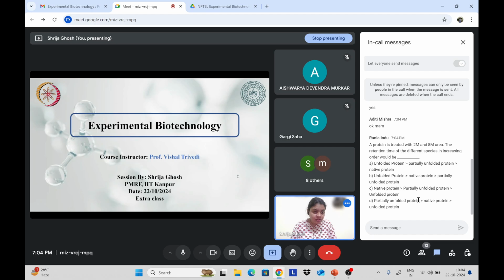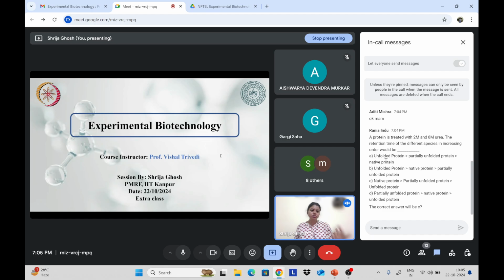Protein is treated with 2 molar and 8 molar urea. The retention time of the different species in increasing order would be dash.